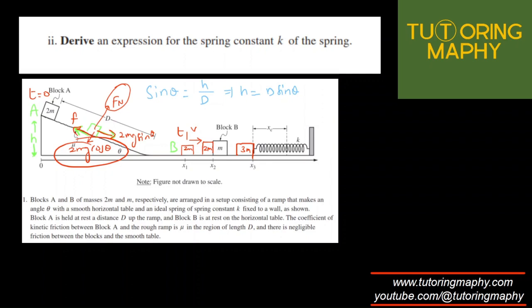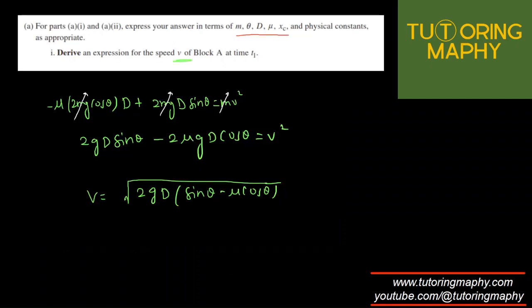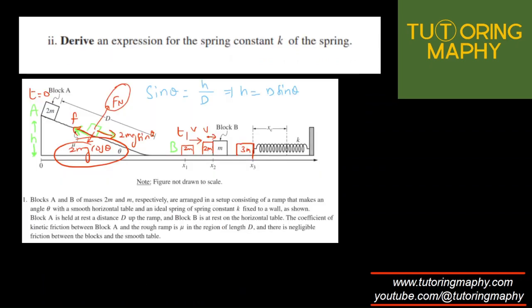Let's take this as, at this point, 2m is going with v. Obviously, we know what v is now. We are going to sub that in later. But we are going to do the perfectly inelastic collision.